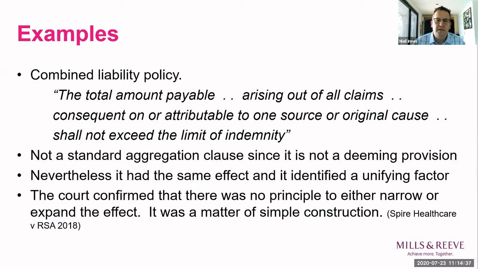And one of the interesting things is it emphasised that it did not approach an aggregation clause with any predisposition as to whether the approach should be narrowed or widened. They simply approached it as a matter of construction. And the effect in this case was that several hundred negligence claims brought against several hospitals were aggregated to a limit of £10 million instead of the annual aggregate cap, which would have been in place of £20 million.